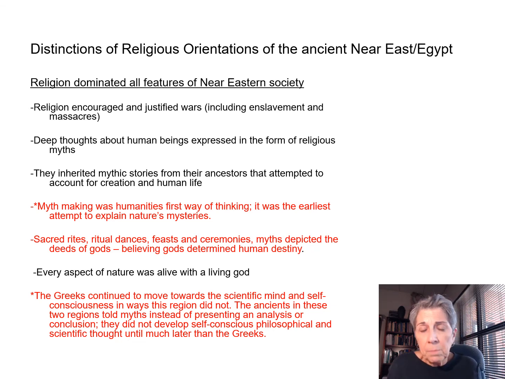They were rational, they built the pyramids. But the Greeks moved towards this idea about what it means to be human, where this region did not. And they continued to believe in myths and talk about what they inherited from their ancestors.